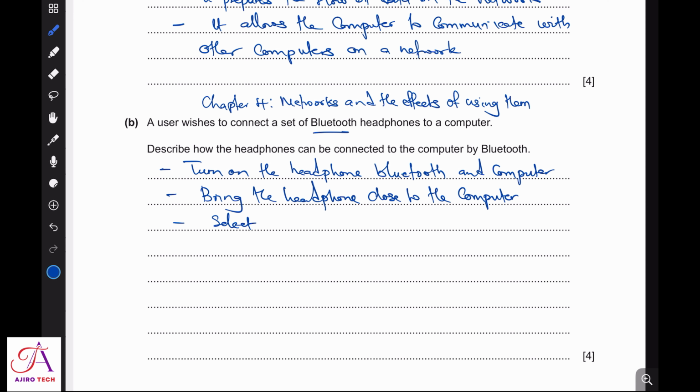Select Bluetooth settings on the computer. Search for devices.